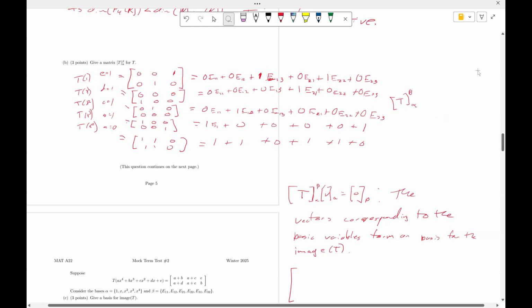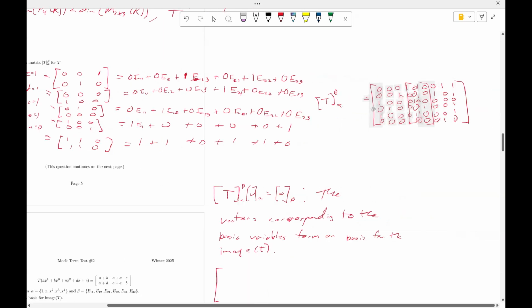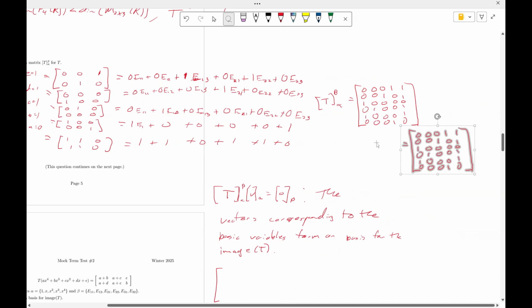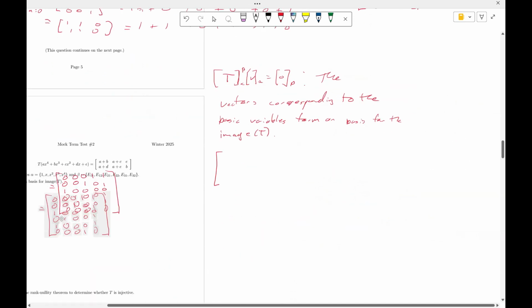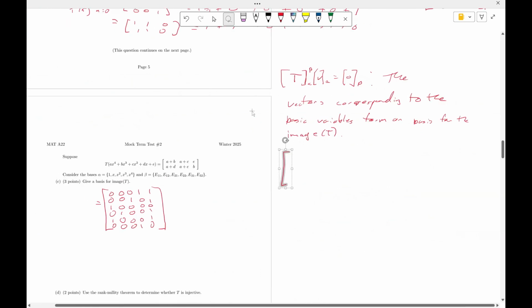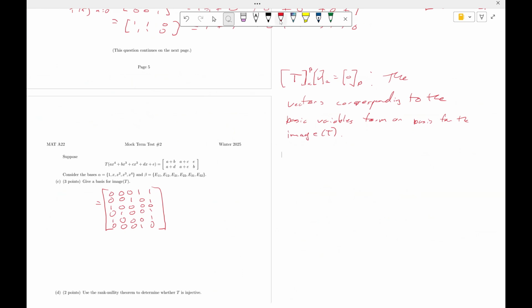Okay. I'm going to augment it with 0, 0, 0, 0, 0, 0. And what we're looking for is the basic variables.